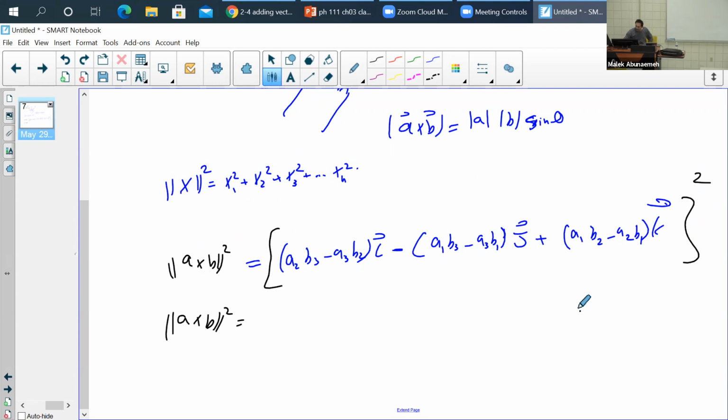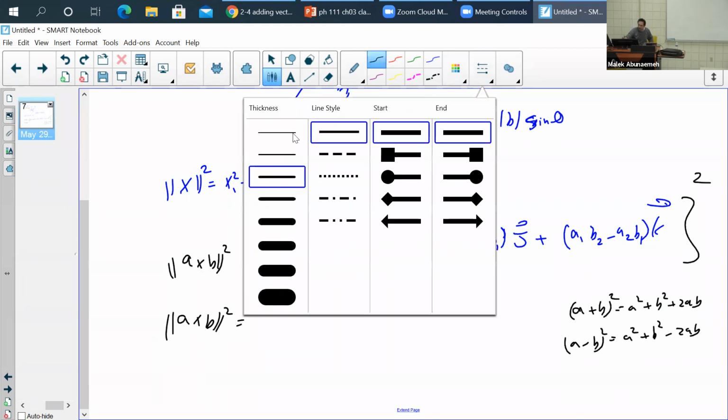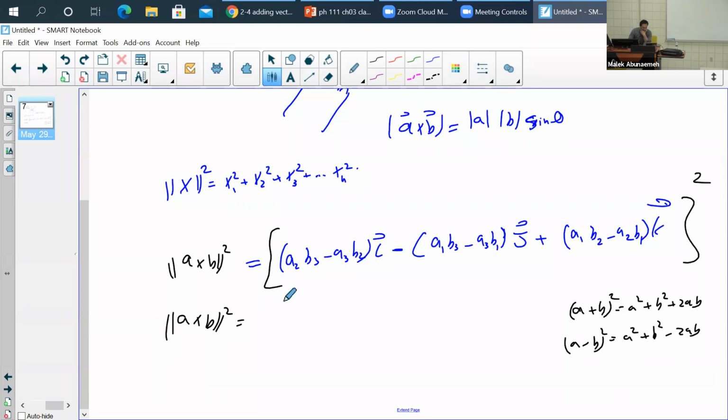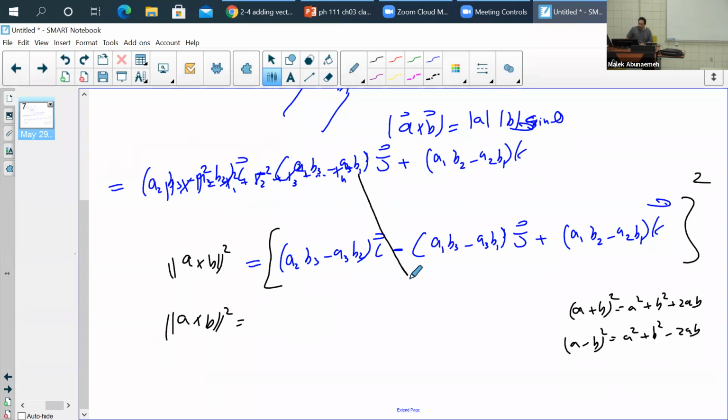Remember, A plus B squared is going to equal A squared plus B squared plus 2AB. A minus B squared is going to equal A squared plus B squared minus 2AB. We're going to be doing this over here. So this one is going to equal, and let me get black color over here, your A2 B3 minus your B3. Go ahead and just copy this back.